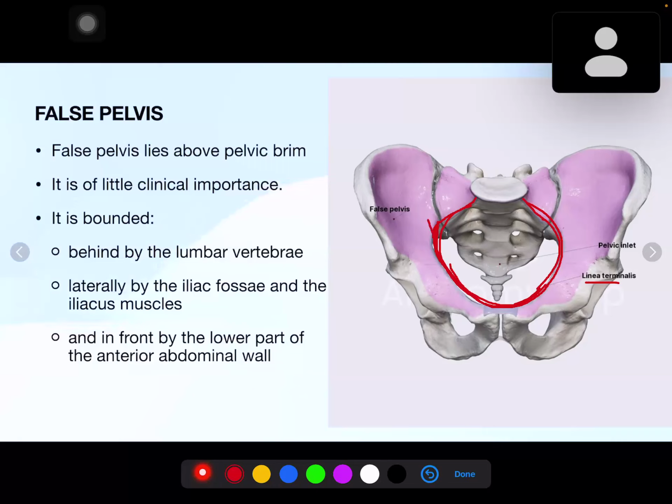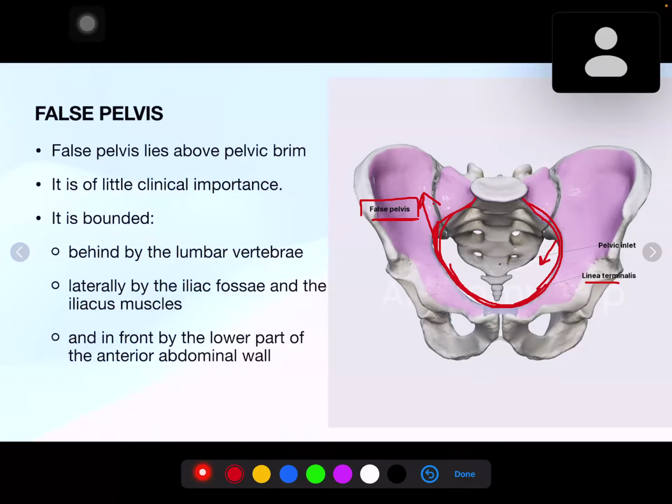Anything above this pelvic brim will be called the false pelvis, because this is not the pelvic part. This false pelvis contains the gut loops and everything else, not the pelvic organs. But the true pelvis is below this pelvic brim, and what enters the pelvic brim is actually the pelvic organ.